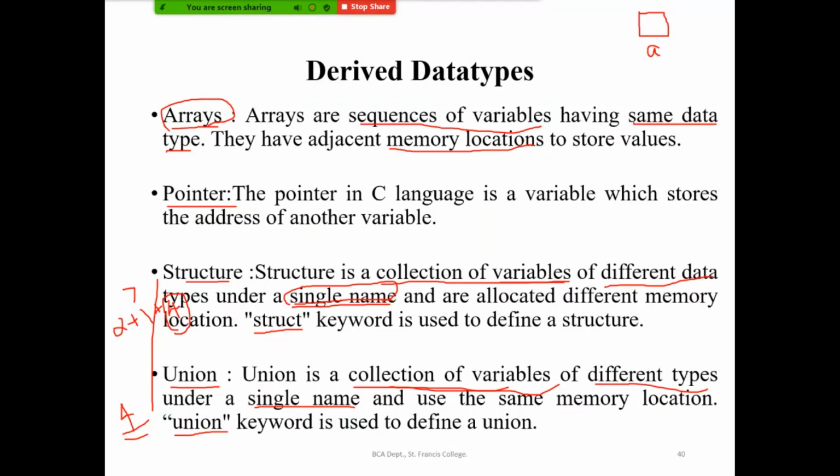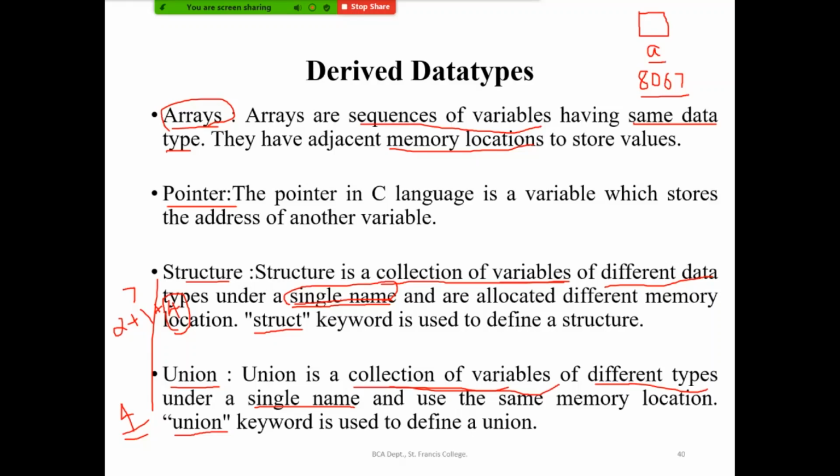So 2 bytes will be allocated, right? When I'm declaring an integer variable a, it will be allocated 2 bytes in memory, right? Now you know these memory locations are referred to by a memory address. So when we declare a variable, it will be allocated 2 bytes and it will have an address.